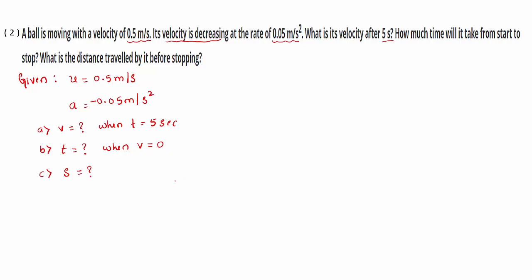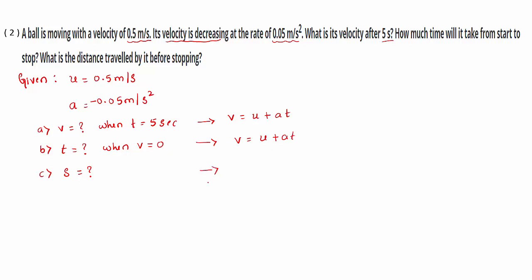So here again we can use the suitable equations of motion. For the first question, we can use v equal to u plus at. For the second one, t equal to question mark when v equal to 0. For the second question, we can use the same equation again, v equal to u plus at.